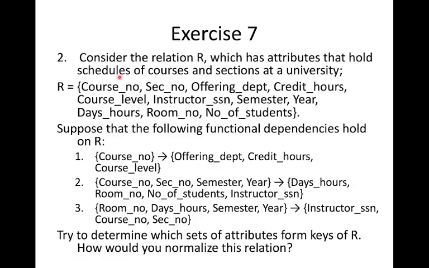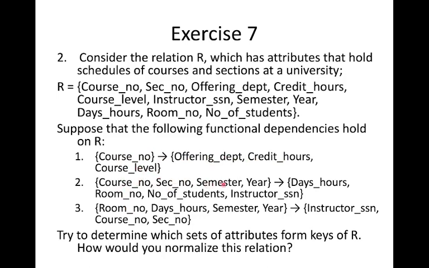Then the second exercise. Here you have to consider the relation R, which has attributes that hold schedules of courses and sections at a university. This is a relation R with course number, section number, offering department, credit hours, course level, instructor assessment, semester, year, days_hours, room number, and number of students. Now suppose that the following functional dependencies hold. Course number to offering department, credit hours, and course level.